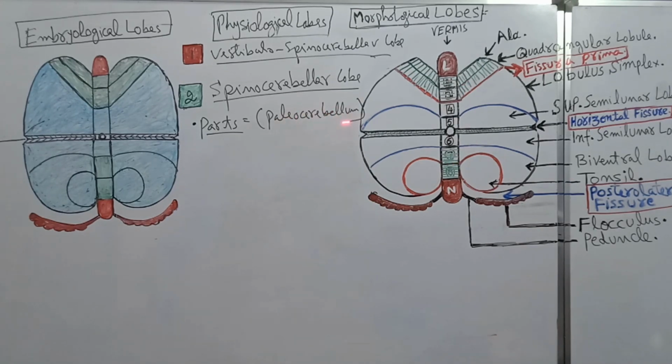One has to describe all these parts in detail. Just to save time, I have just written paleocerebellum. So all the parts included in the paleocerebellum are the spinocerebellar lobe, the physiological lobe.